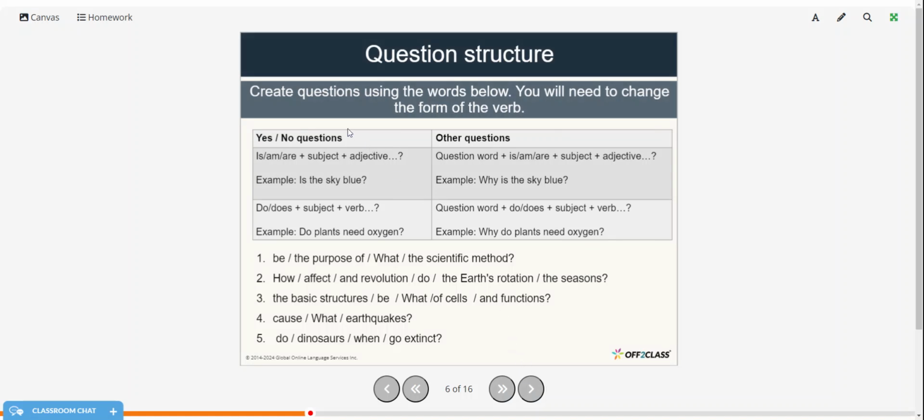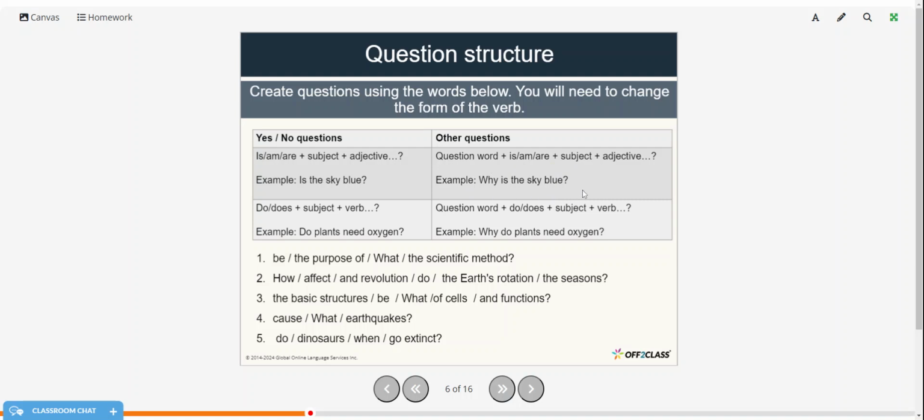So here we'll talk about question structure. So you want to create questions using the words below, and you will need to change the form of the verb. So for yes or no questions, you start with the to be verb is, am, or are plus the subject plus an adjective. So an example, is the sky blue? Other questions could be is plus the subject or the adjective.